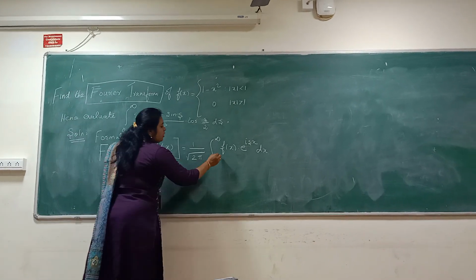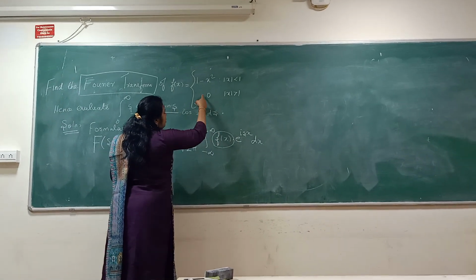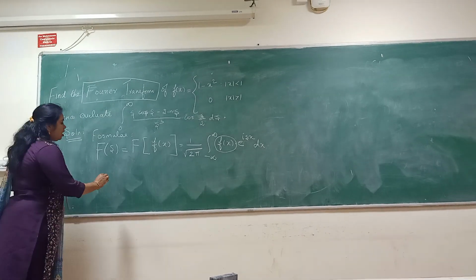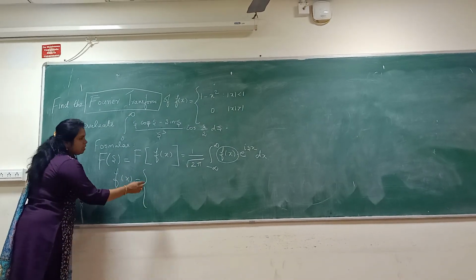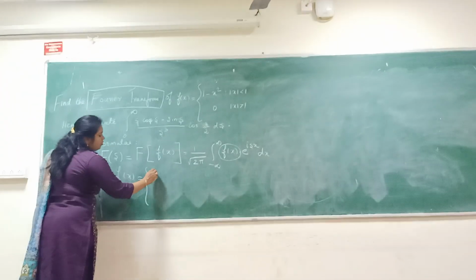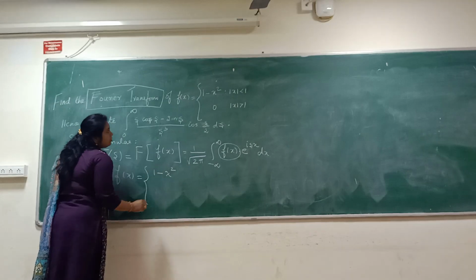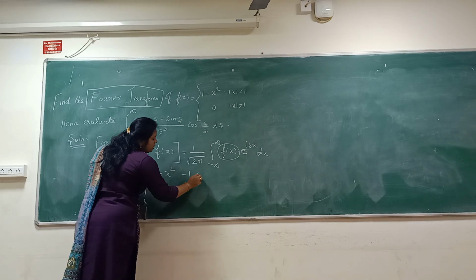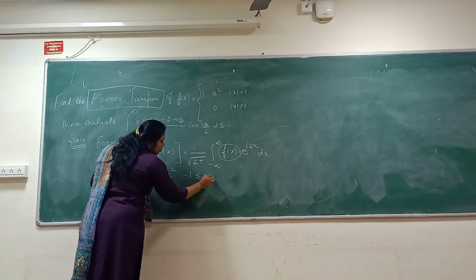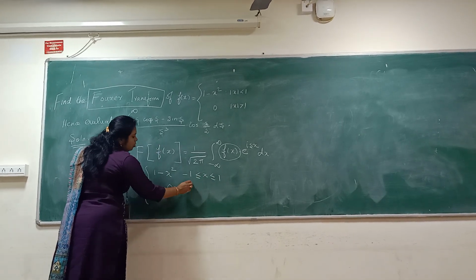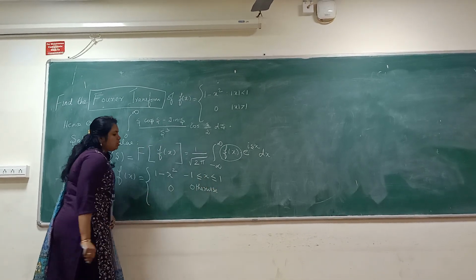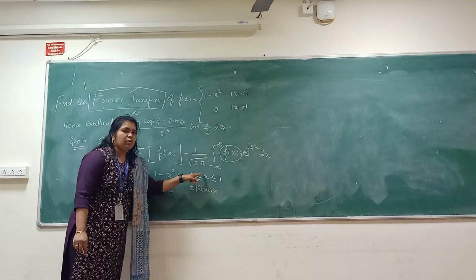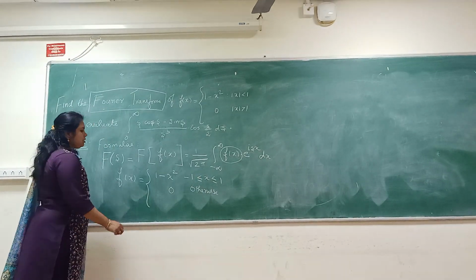So the function f of x is given in the problem. How can you rewrite the given problem for the integration? f of x is 1 minus x squared for minus 1 less than or equal to x less than or equal to 1, and 0 otherwise. Don't worry about the inequality, it is a continuous case.